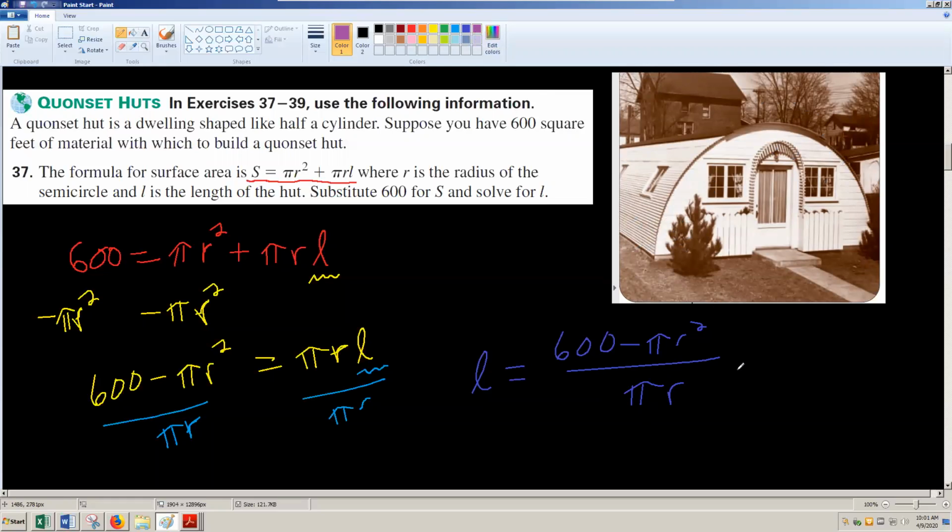So just as an example, if we plug in r equals 5, we would get 600 minus 25 pi, and then we divide all that by 25 pi. I'm just doing this on a calculator. There's no way I would expect you guys to be doing this stuff out.